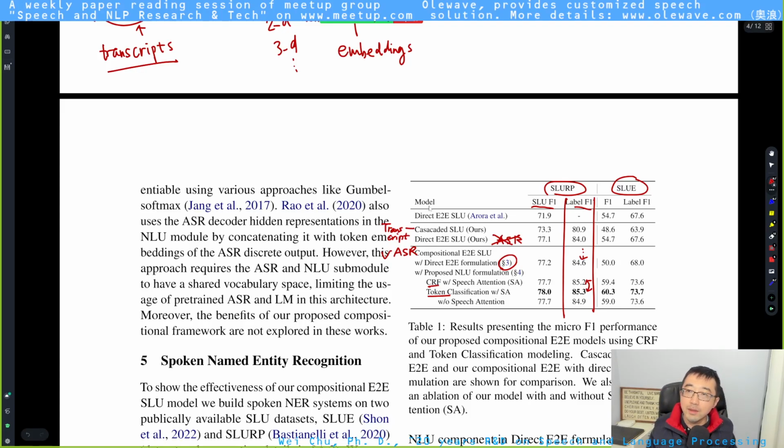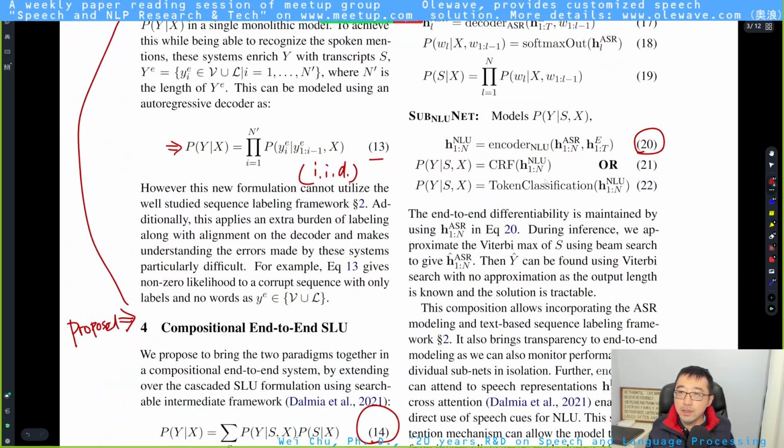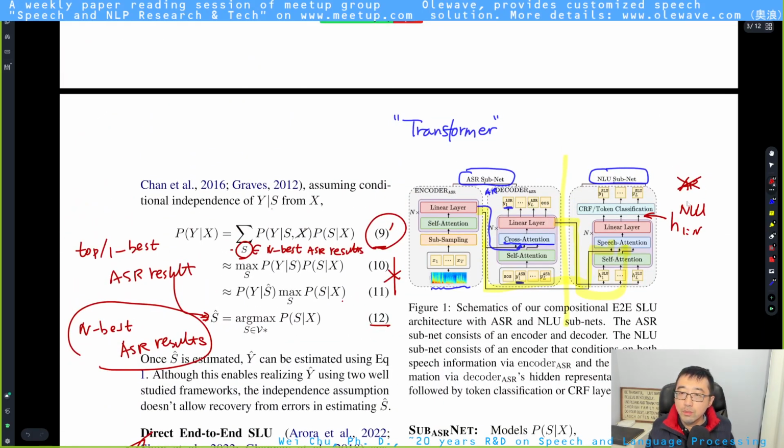The reason the system would work worse without speech attention, you can imagine this. I don't have anything to cover on my screen, but suppose this speech attention is cut off. Its only use is these SLU encodings as input to the NLU.